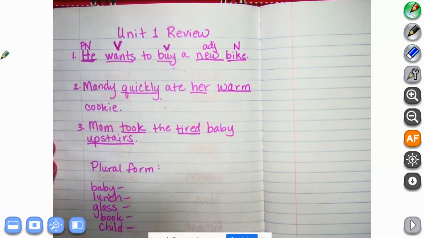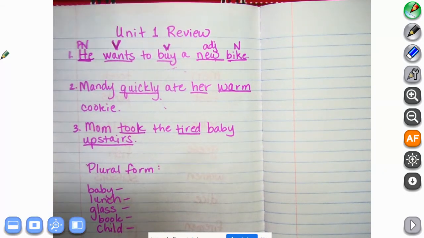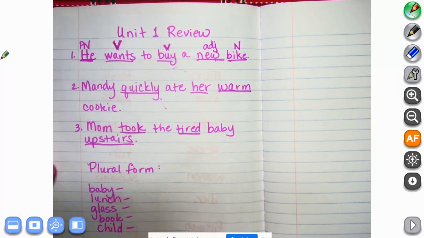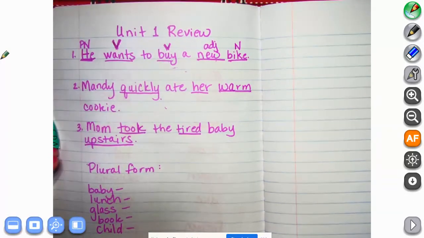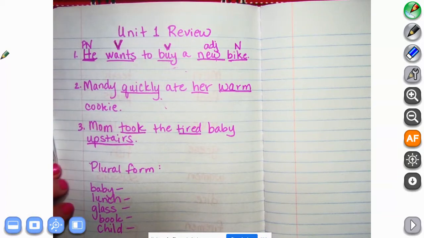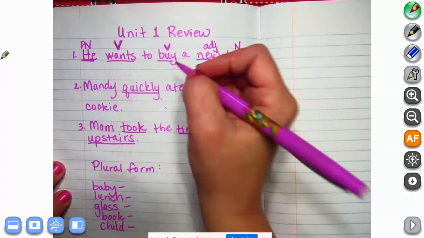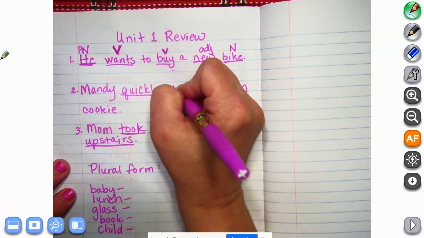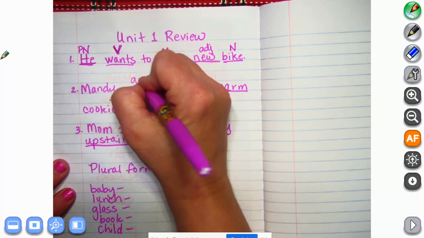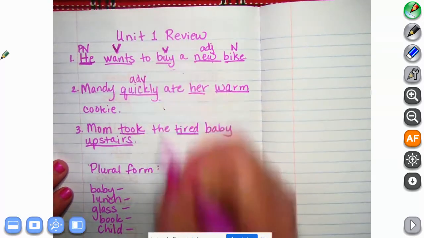Number 2, Mandy quickly ate her warm cookie. Make sure you have that written down. And we have quickly, her, and warm. Quickly is describing how they ate. So that means that's an adverb. Adverb.